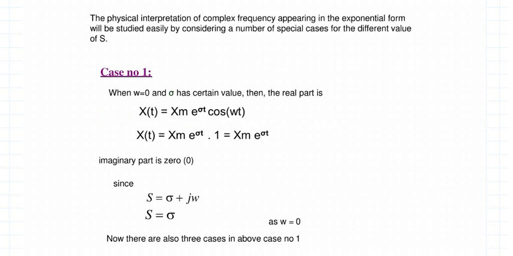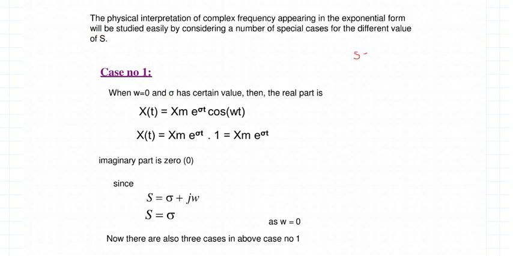Okay, so now we are going to study whatever we have understood here, the real part of xt and the imaginary part of xt. Those two terms we are going to analyze for various conditions. What are these conditions or cases that we are going to take? These cases are dependent on different values of s. What do we have as s?